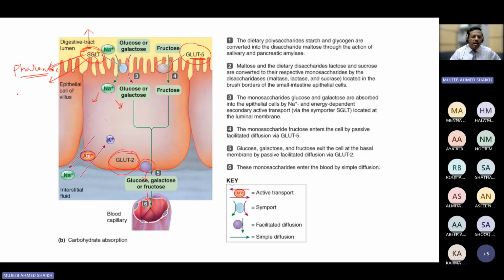That's why drugs are made on the basis of these transporters, to regulate glucose absorption, sodium absorption, and fructose absorption. They can modify the action of these. Maybe they can make more SGLT so that more glucose will be easily absorbed instead of going into the feces, right?